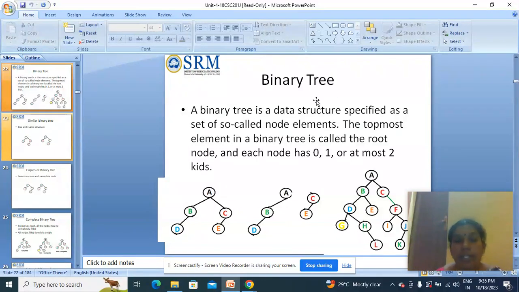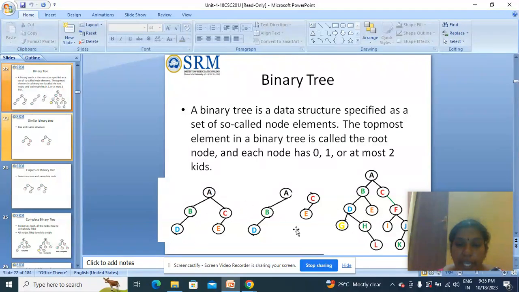Either every node contains zero children, one child, or two children at most. This is the difference between a general tree and a binary tree. In a general tree, every node has many children. In a binary tree, every node has at most two children.